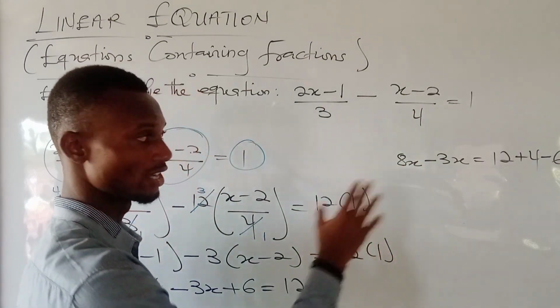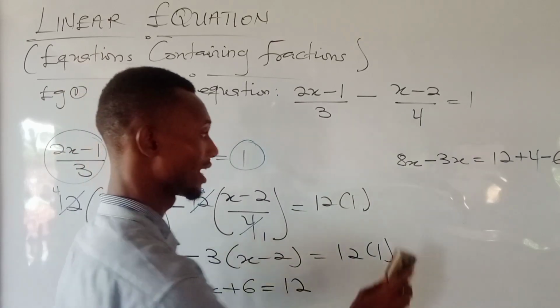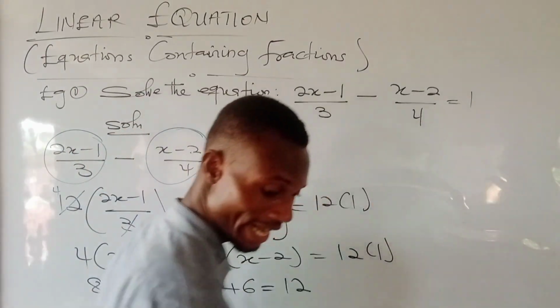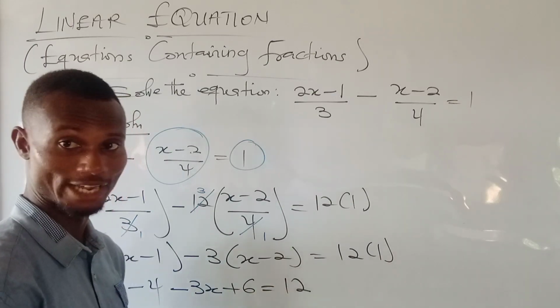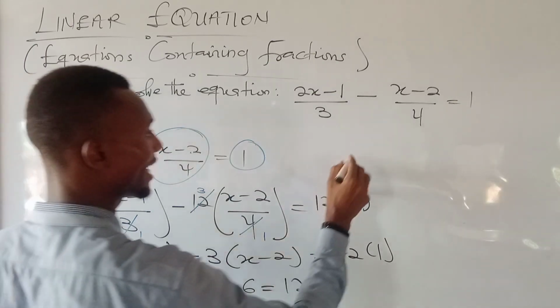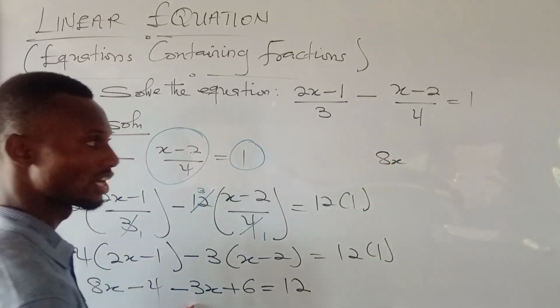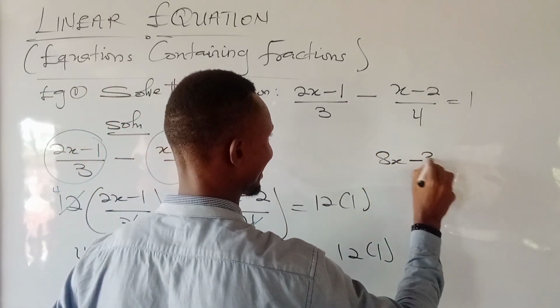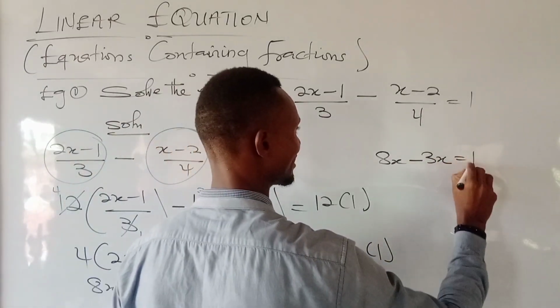I can see that you are not seeing it well, so let me clean it and write it again, so that you can see it well. I'm saying that we just need to group like terms. We've learned grouping of like terms from the previous video. So when I take the 8s, what I can join to it is the minus 3s, then equals, then my 12 is there.